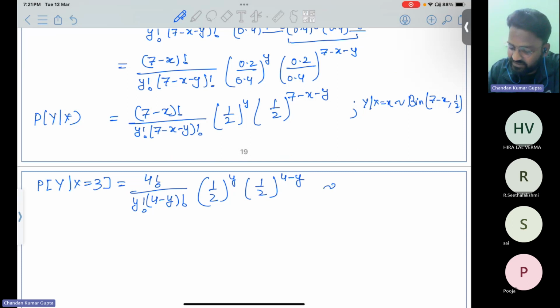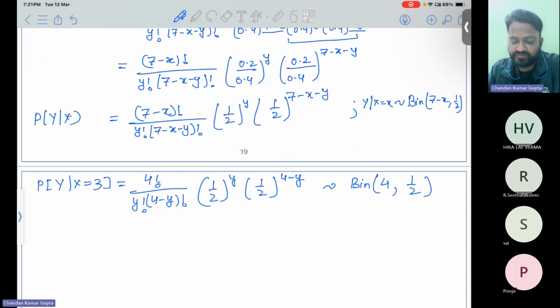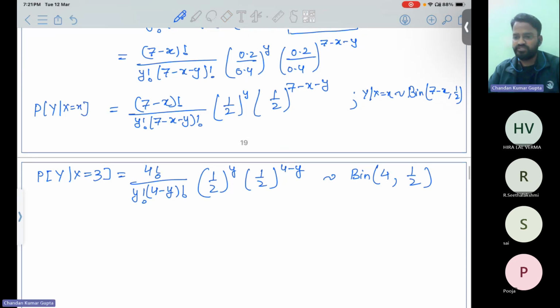It is nothing but a binomial distribution with n equal to 4 and p equal to half. Up to this point, it is clear?